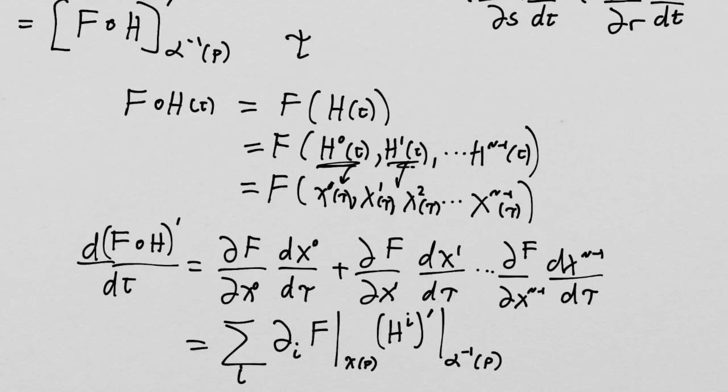You'll notice that I have a lower index and an upper index, implying an Einstein sum kind of thing, but notice this is inside the derivative, so we're just going to explicitly write the sum over i. And this derivative is with respect to tau, the prime is with respect to tau. It's the only variable around. H is a function of tau, or each component of H is a function of tau.